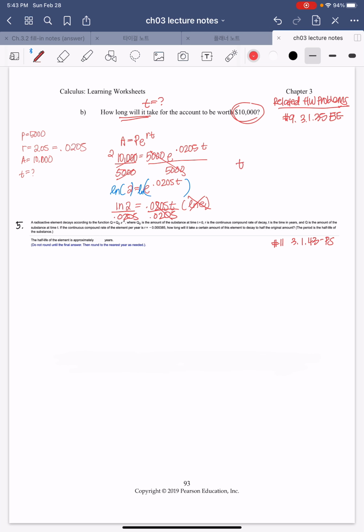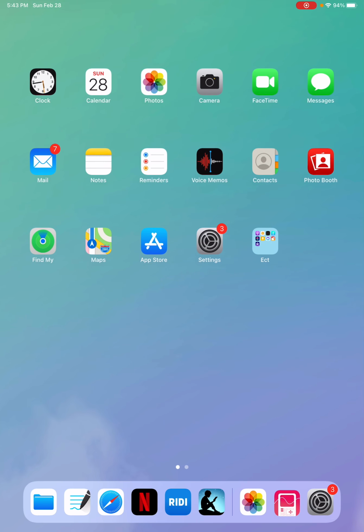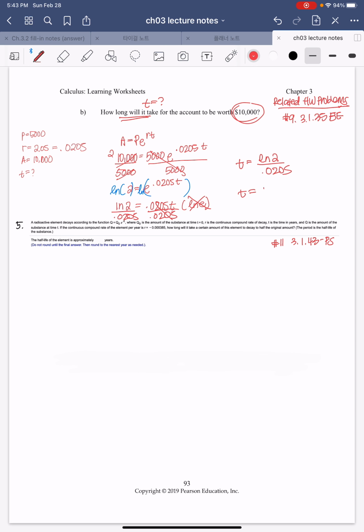So my t is equal to ln of 2 divided by 0.0205. So let's put that into a calculator. ln of 2 divided by 0.0205. Ooh, looks like it's going to take 33 years, almost 34 years to double that money. So t is 33.81 years.